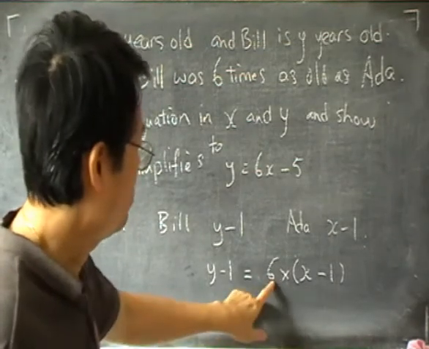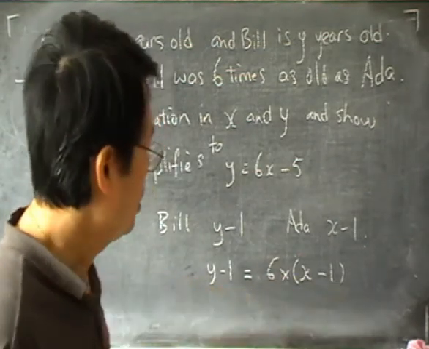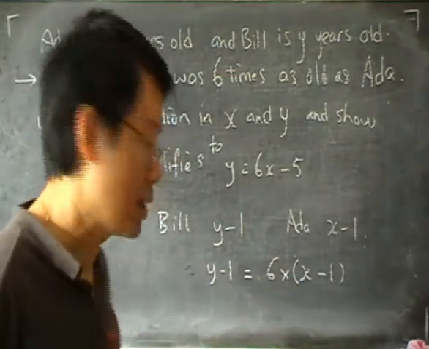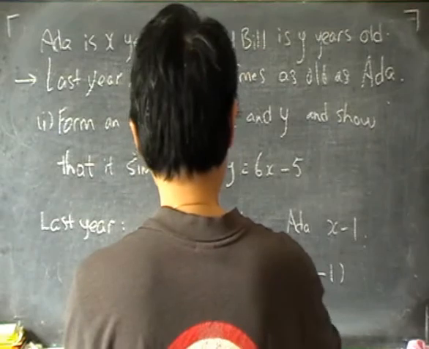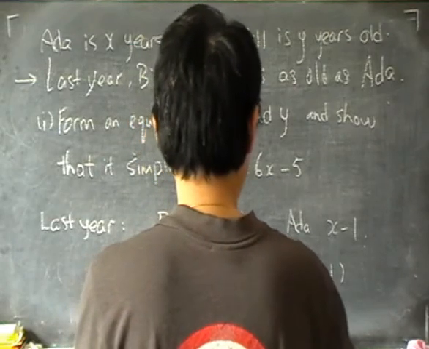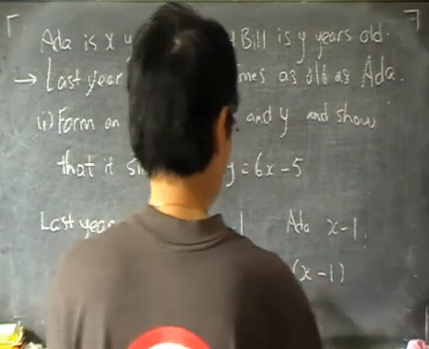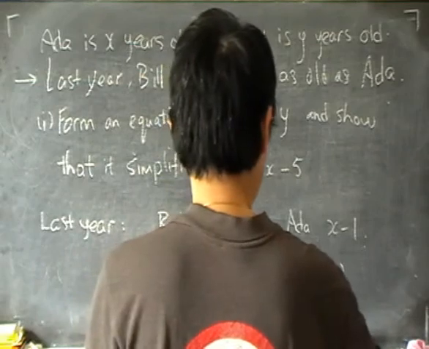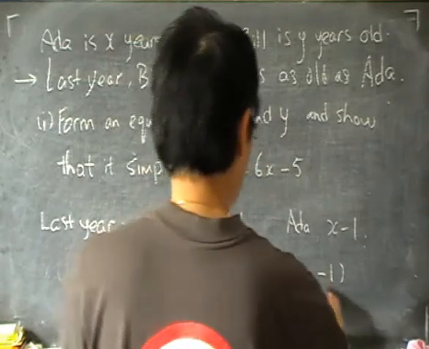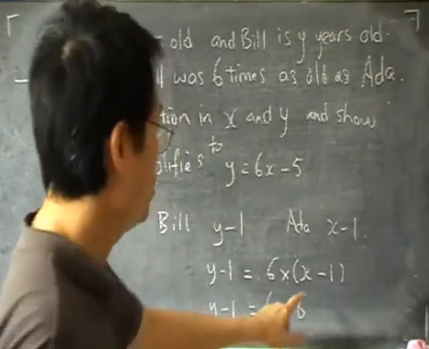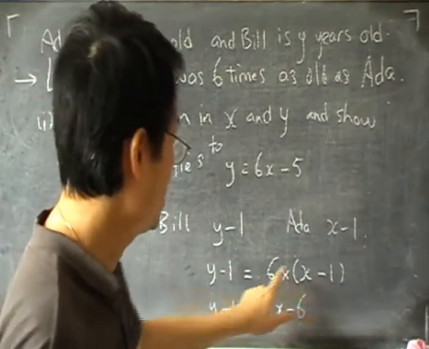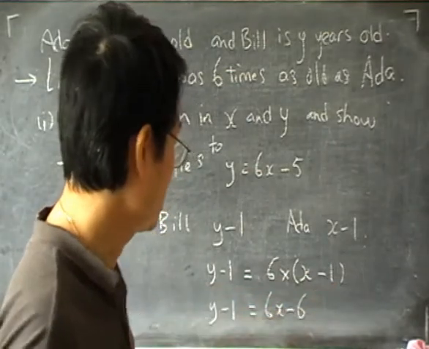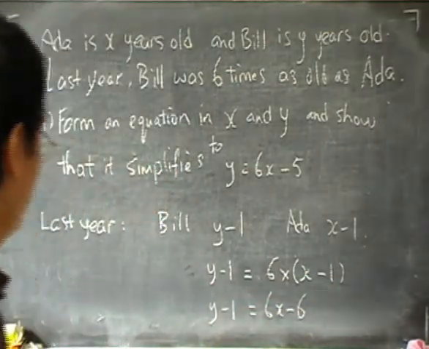I have 6 times this bracket. I can start by removing that bracket. If I remove the bracket, I have 6x minus 6. Each term in the bracket I must multiply by 6: 6x minus 6 times 1, which is 6. So this is what I have.